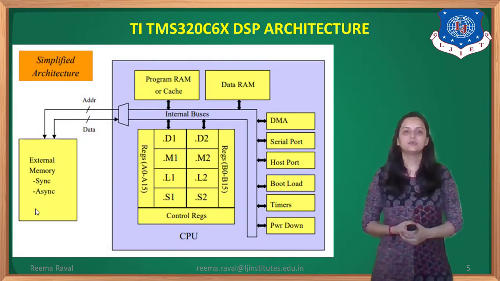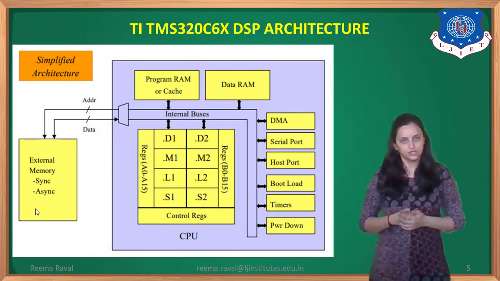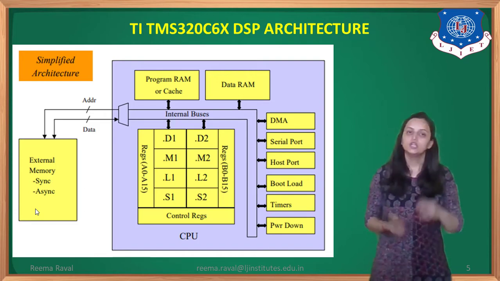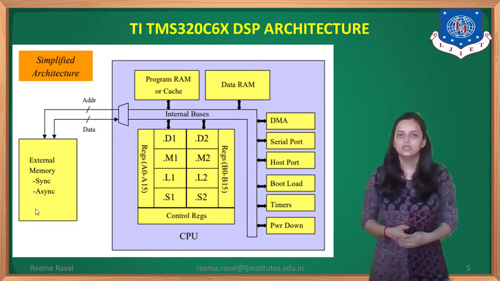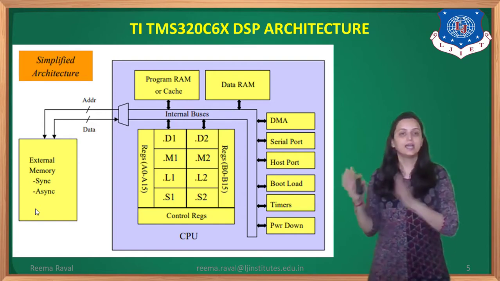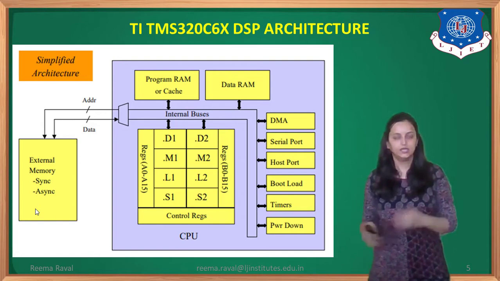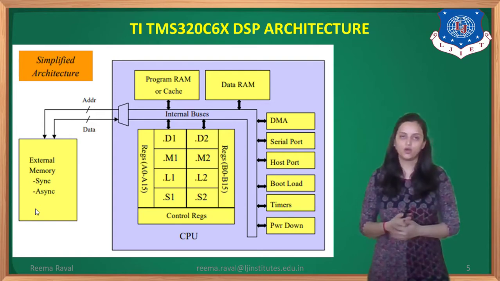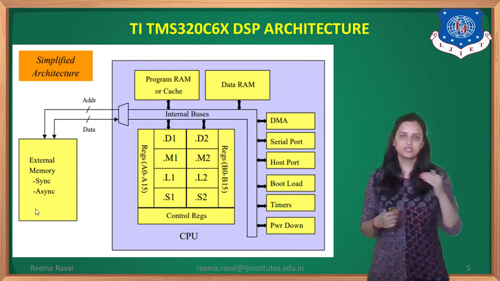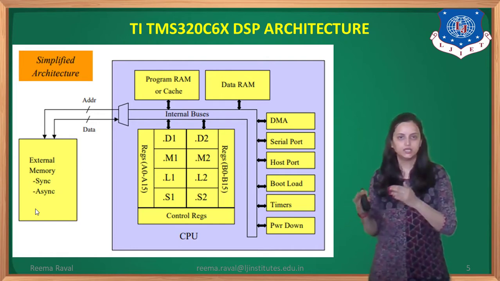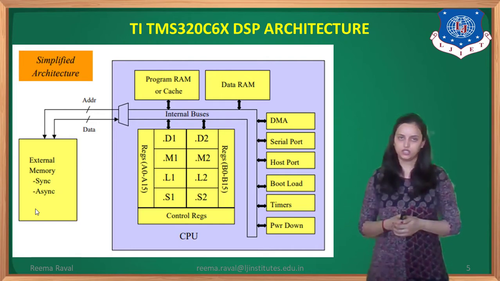The architecture of this processor is as shown in the figure. First, the external memory is there, where a synchronous and asynchronous block is present. Using the external memory, the address bus and data bus go into the internal bus structure.